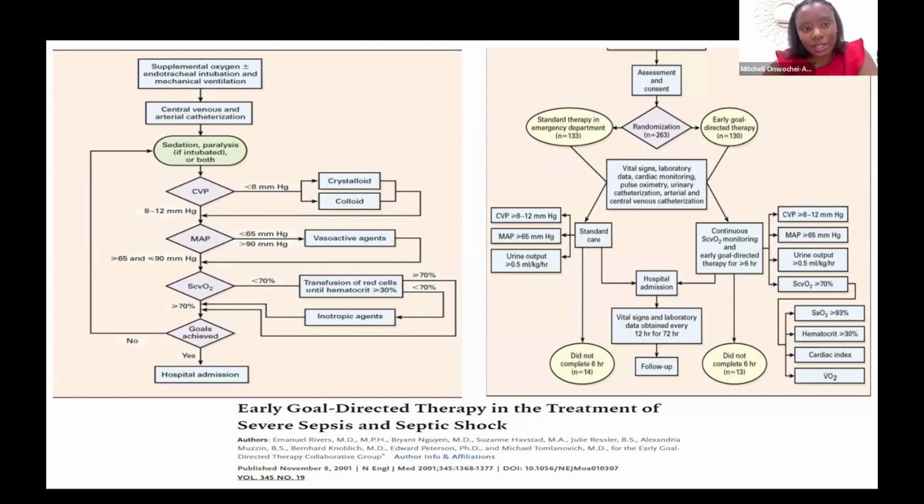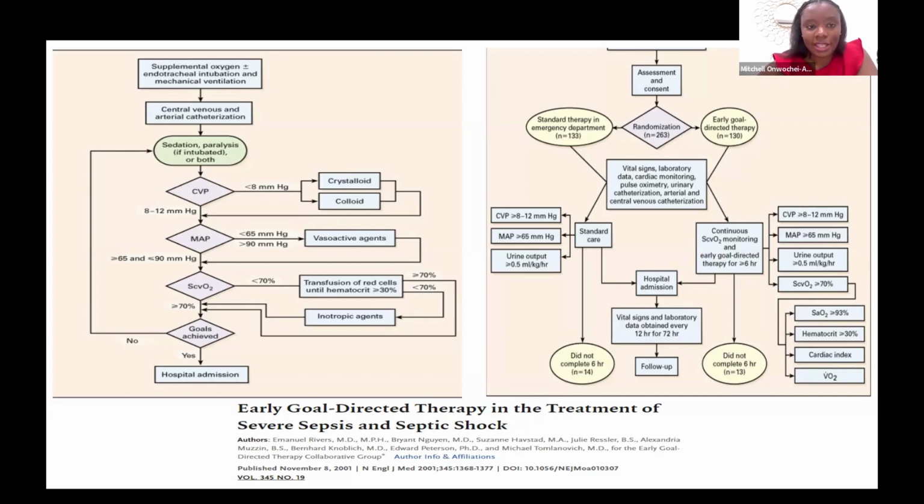And when that was obtained, they would then look at the MAP. If the MAP was less than 65, they will start vasopressors. If the MAP was greater than 90, they will start vasodilator therapy until they obtain the goal MAP between 65 to 90. And once that goal was achieved, they would then look at the central venous oxygen.